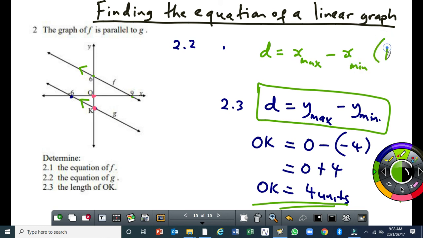This is for horizontal, and obviously the other is for vertical distances. Okay. So make sure you are aware of that going forward. Right. Any questions?